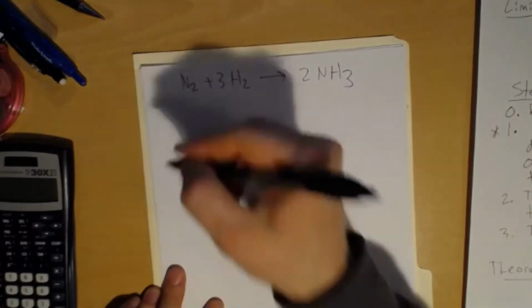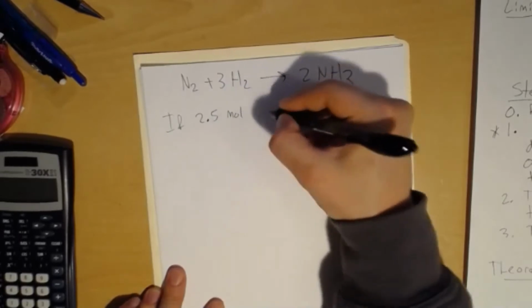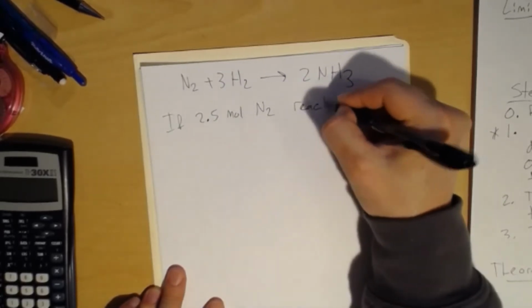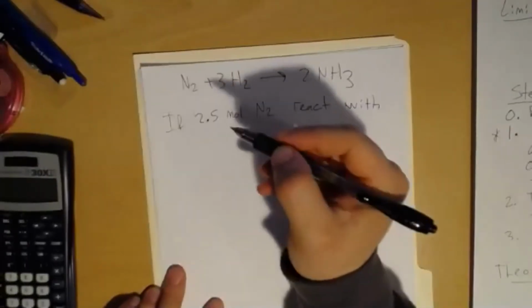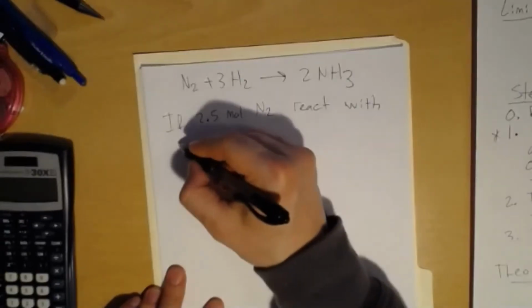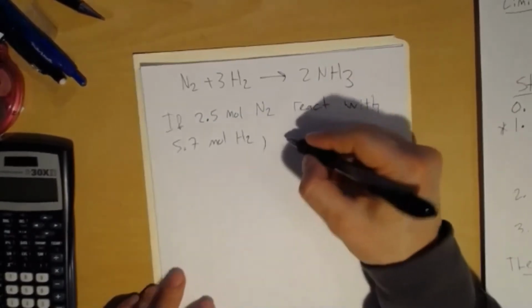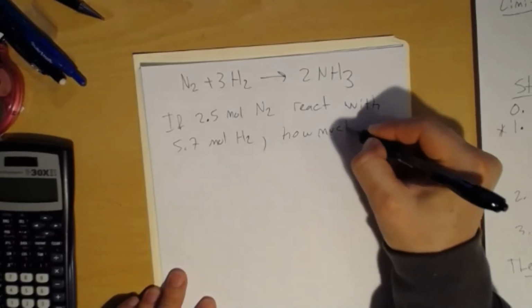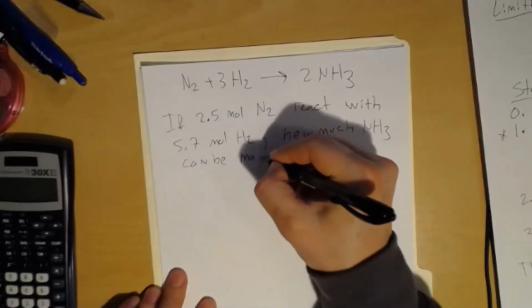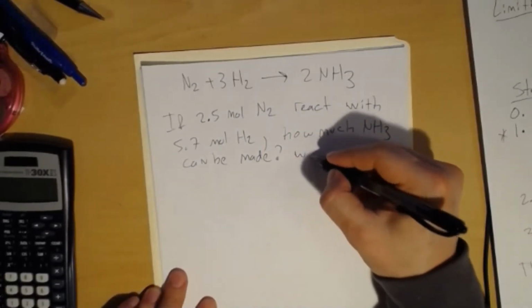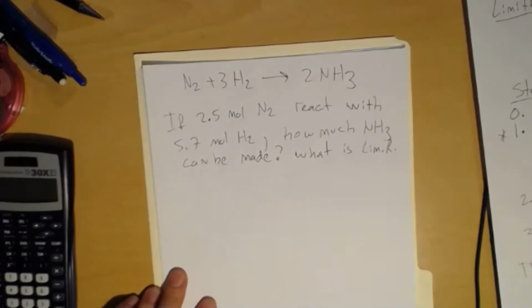So if 2.5 moles of nitrogen react with, let's say, 5.7 moles of hydrogen, how much NH3 can be made? And what is the limiting reactant?